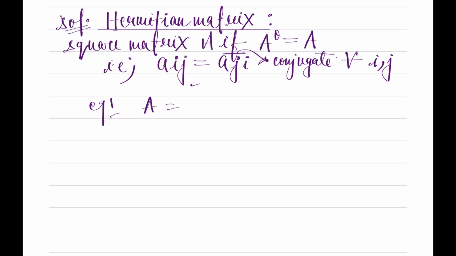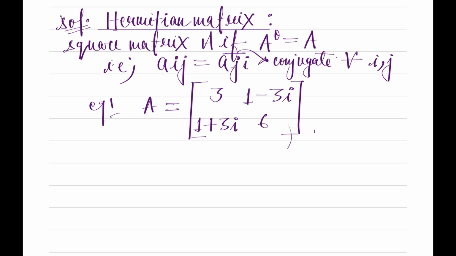We can take an example. Let us take matrix A, which will be 3, 6, and we have to take the complex conjugates: 1 minus 3i and its conjugate, 1 plus 3i.